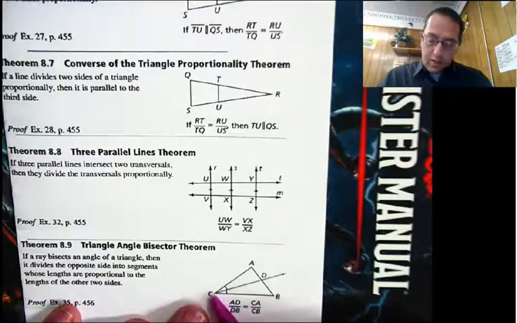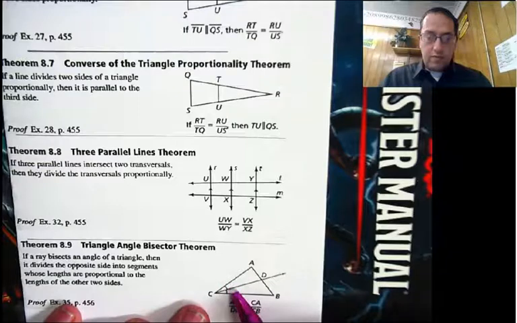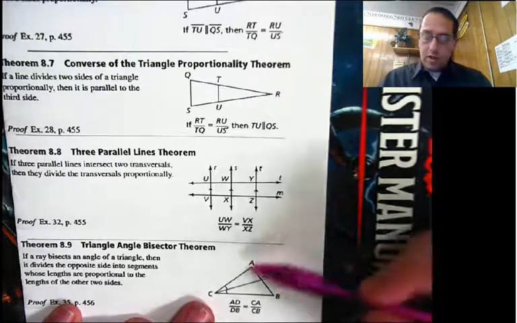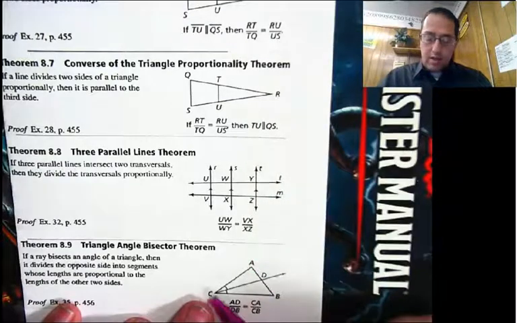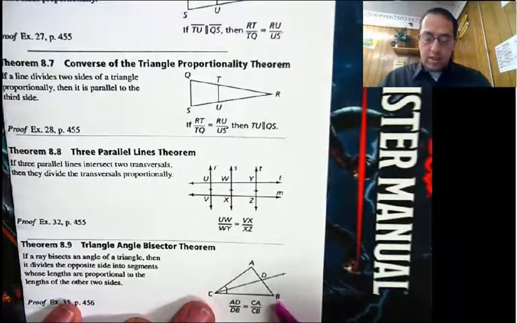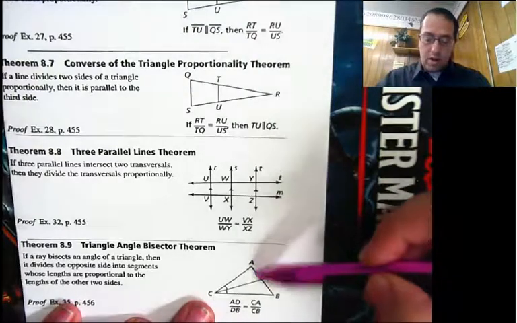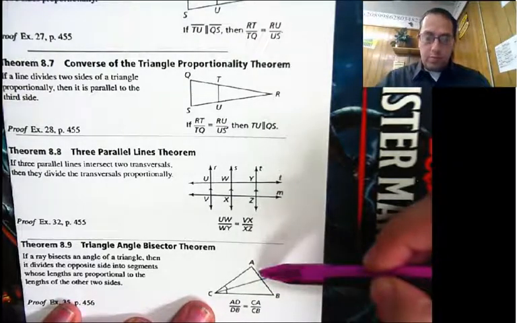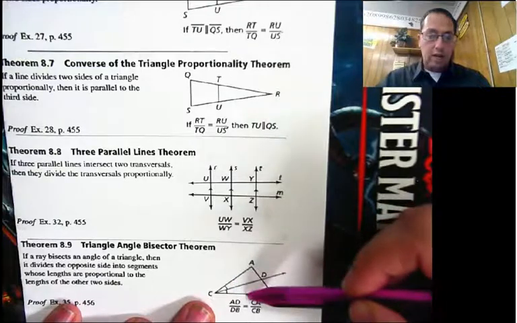What this says is, since CD is an angle bisector, bisecting angle C, then AD to AC is proportional to DB to BC. Or you could take it the other way around. These two pieces are proportional to these two sides.